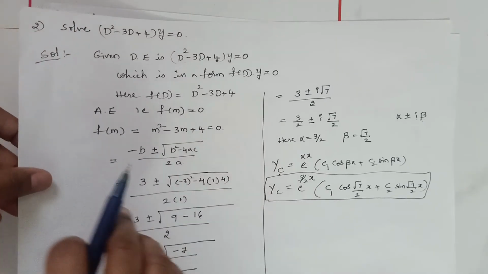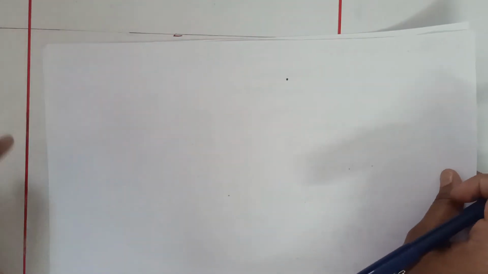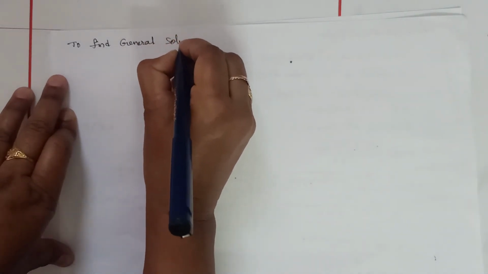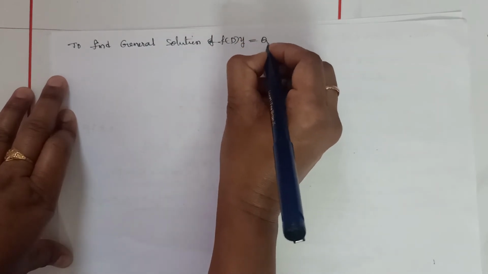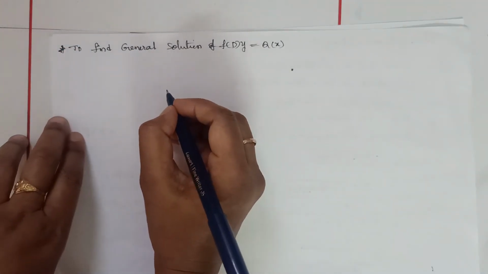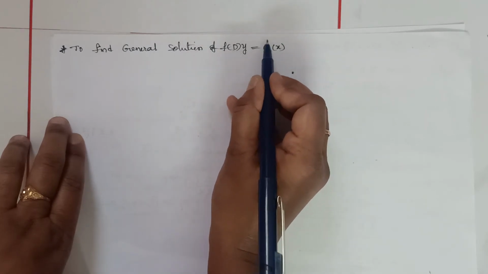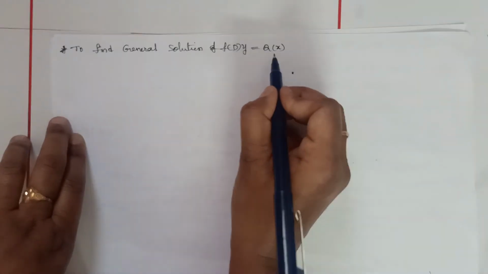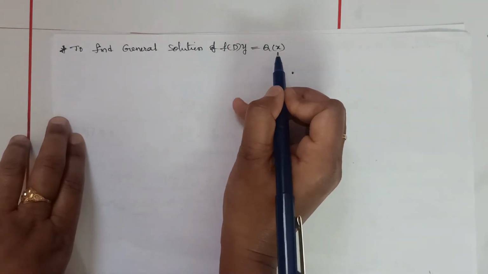Okay, this is about solving a differential equation in the form of f of d into y is equal to 0. Next we'll discuss how to find the general solution of f of d into y is equal to q of x. So far we discussed how to find the general solution of f of d into y is equal to 0, but here we are discussing f of d into y is equal to q of x.